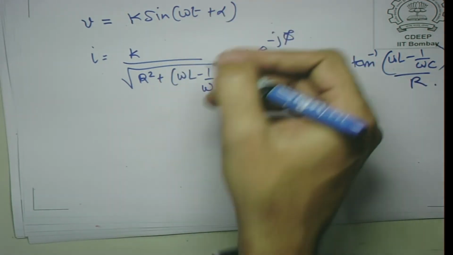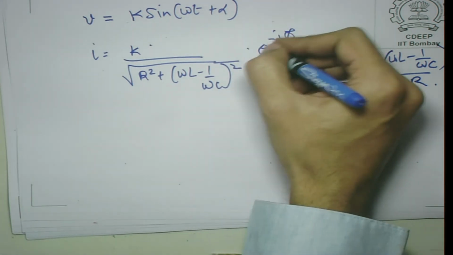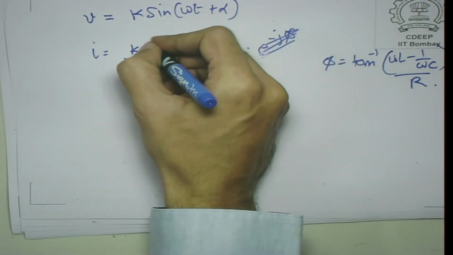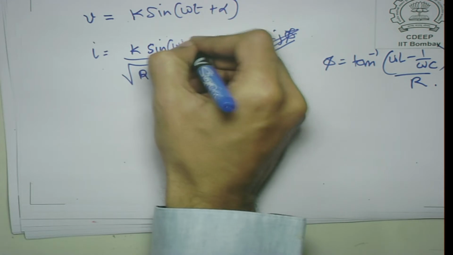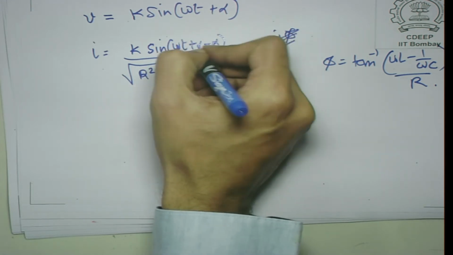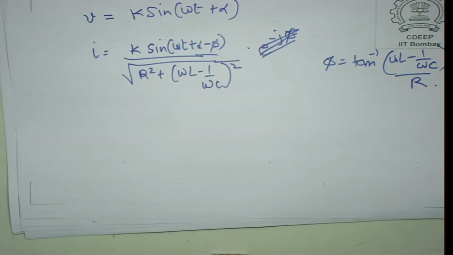And in fact, this will be not just e raised to minus j phi, because now we will get e raised to j omega t plus alpha minus phi. So, this is in fact what your response is going to be.